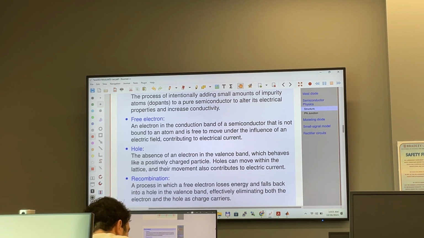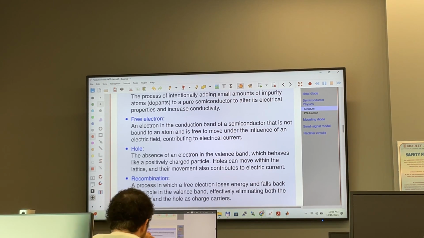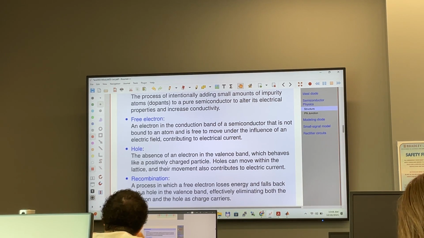So in semiconductor materials, you have to add some dopants or impurity for electricity to exist. Without dopants, without impurity, you simply cannot have electricity in pure silicon.